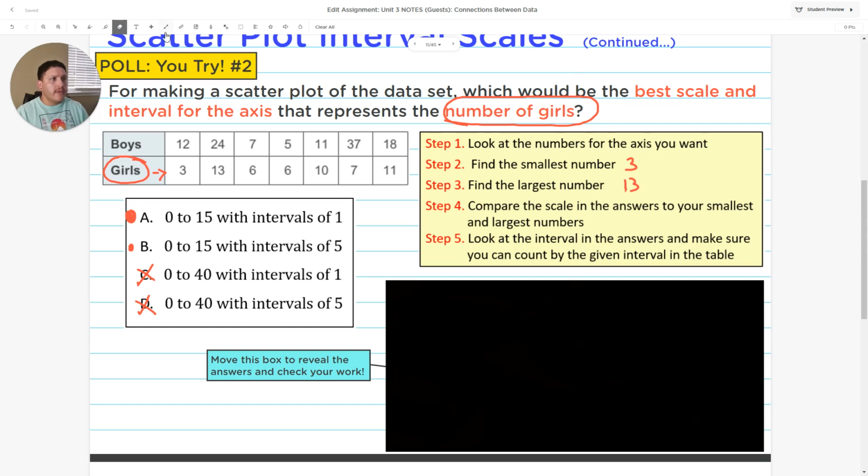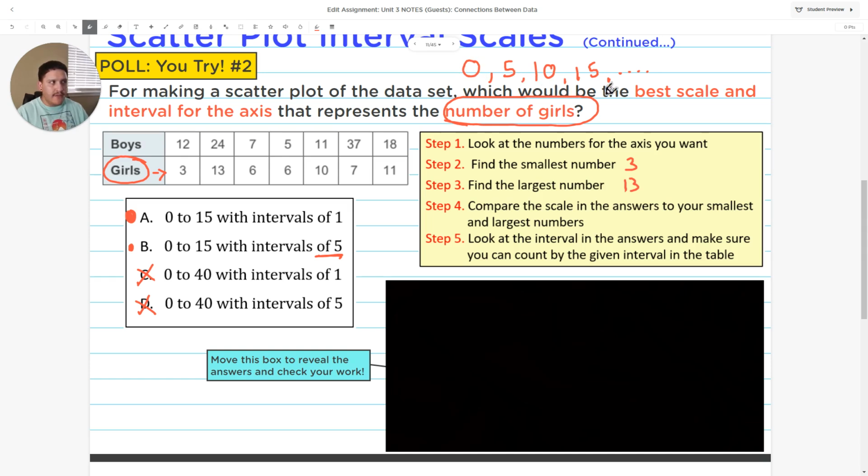So if we start at 0 and we count by 5, we go directly to 5. Count by 5 again, we go to 10, 15, etc. Do we catch a majority of the numbers for girls? No, we don't. We skip a lot of them.